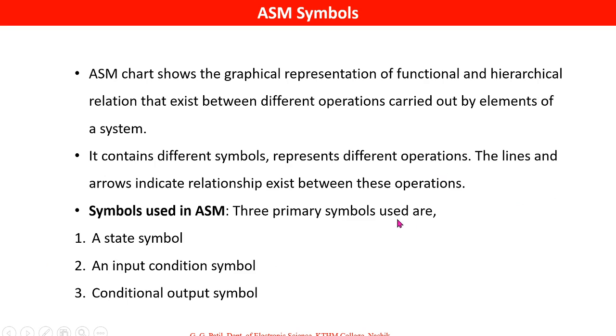The lines and arrows indicate the relationship between these operations. Basically, three symbols are used in the ASM. The three primary symbols used in ASM are a state symbol, an input condition symbol, and a conditional output symbol. We'll see these three symbols one by one.